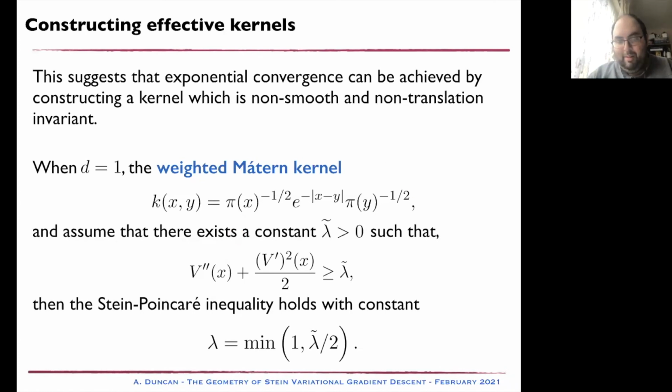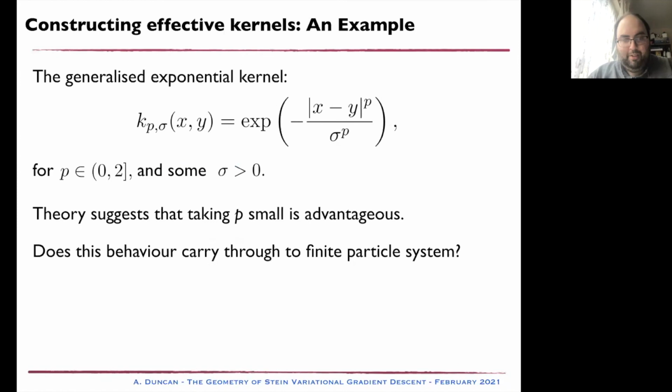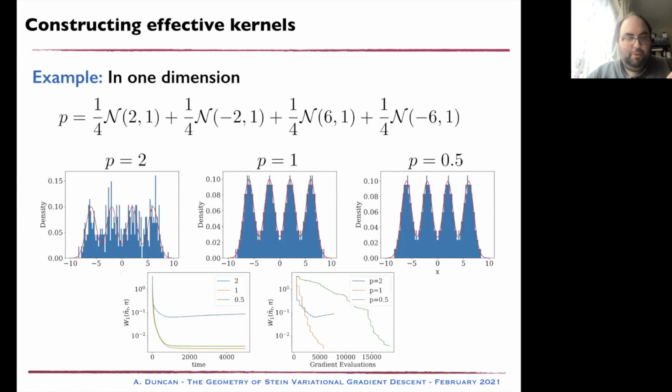And so that motivates us to consider a more general, almost singular kernel, where you have exponential of minus |x minus y| to the p, where p is something between 0 and 2. And so some very simple numerical simulations, which I won't go into, suggest that actually this is beneficial. But of course, once you're in the practical world again, we're talking about discretizations of ODEs.